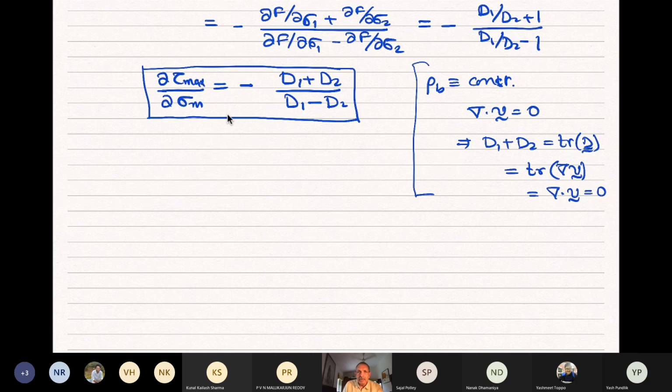Now, if you want to calculate, and we have done this already, we know that del tau max by del sigma m we have calculated.